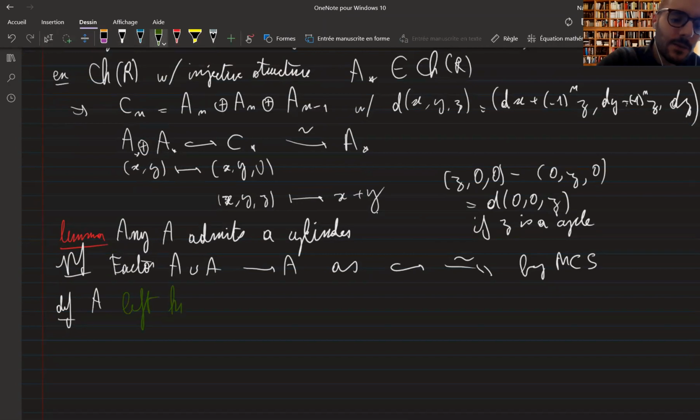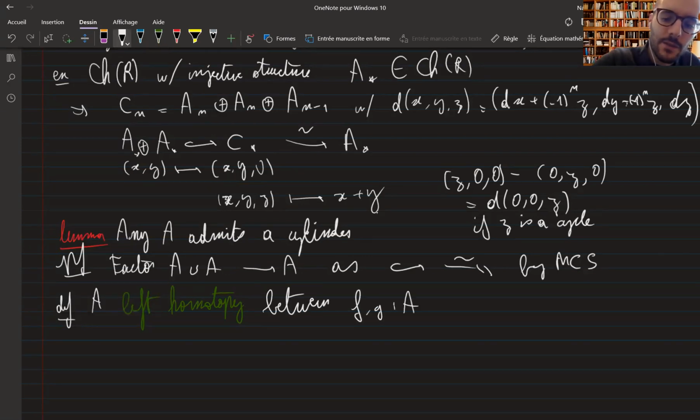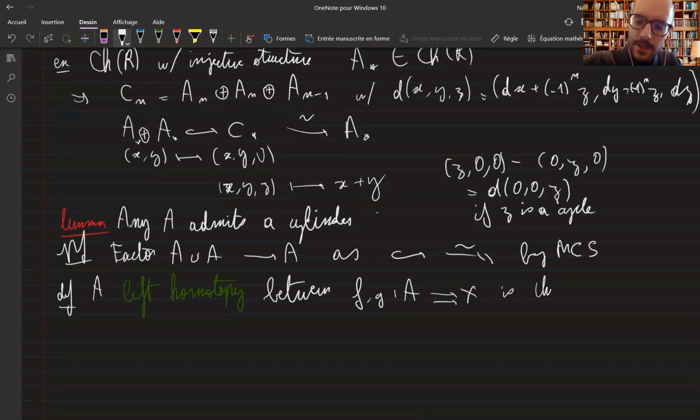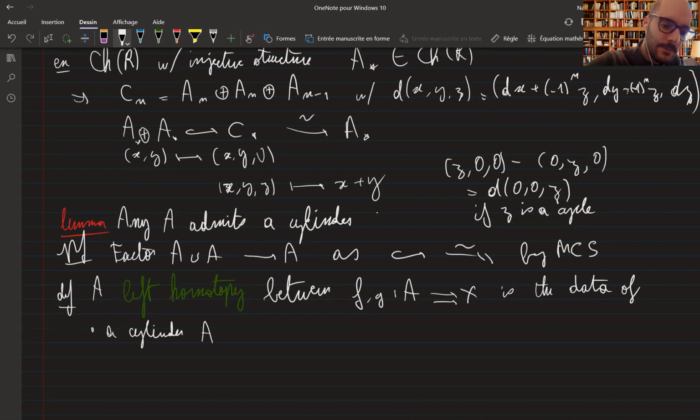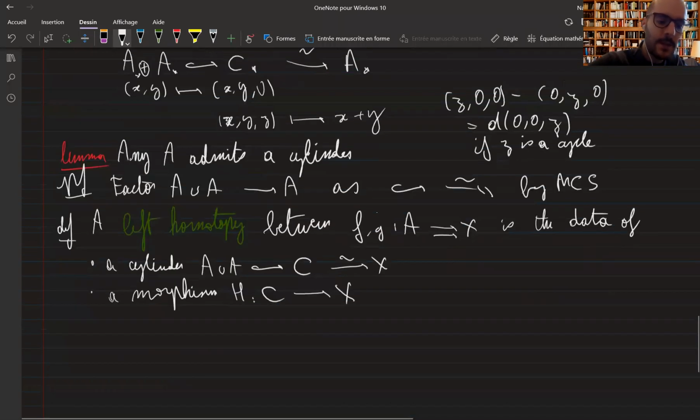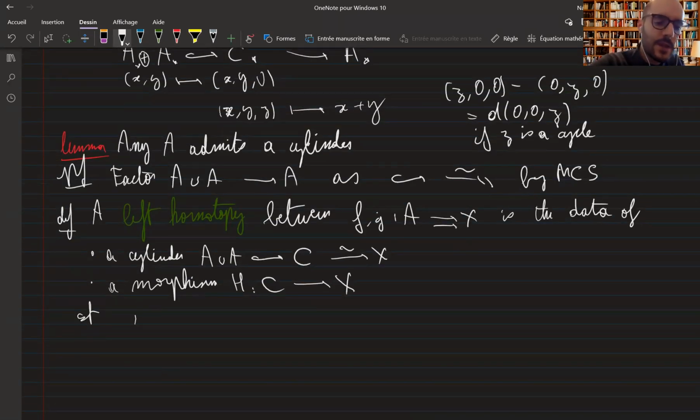A left homotopy between F and G that go from A to X is the data of, well, a cylinder, a morphism H that goes from the cylinder to X, such that the following diagram commutes.